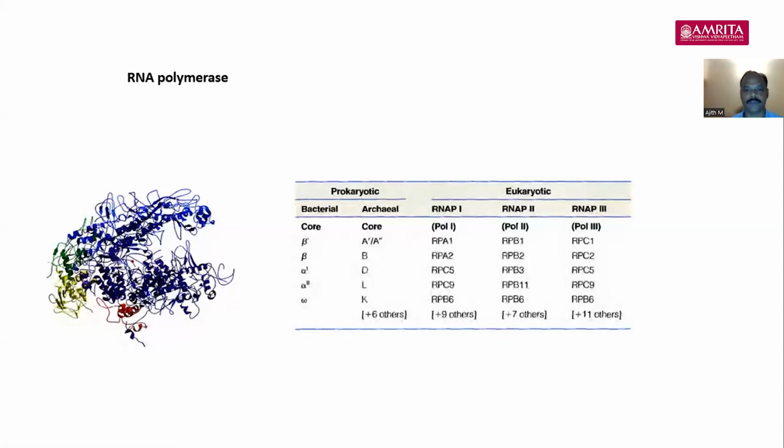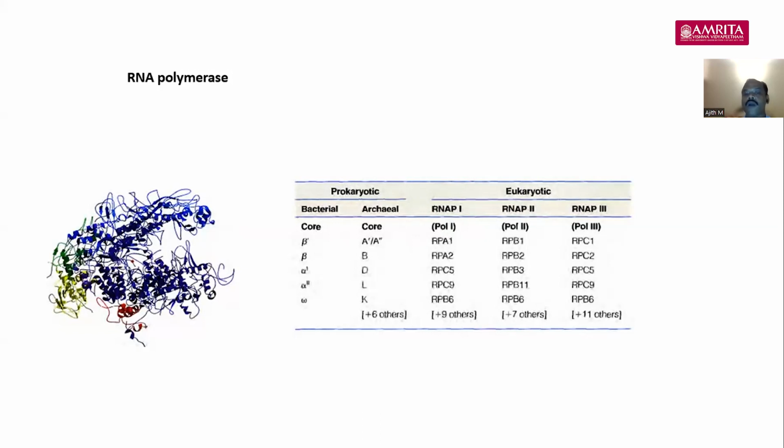They form complexes. For example, in the case of bacterial RNA polymerases, you have the beta subunit, beta prime, the alpha subunit, the omega, and so on. Likewise, in the archaea, it is different.